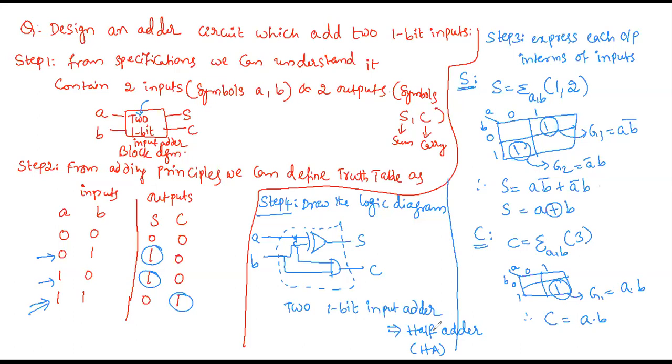Step 2, define truth table. Step 3, from the truth table, get the expressions. Step 4, draw the logic diagram. Only these 4 steps. If you have any doubt, ask me. Otherwise, we'll go to the next circuit.